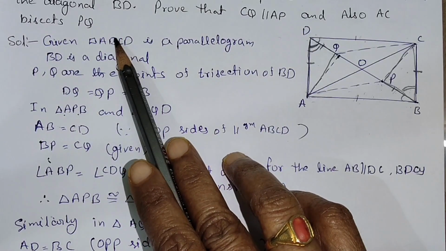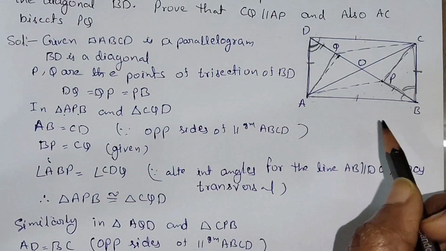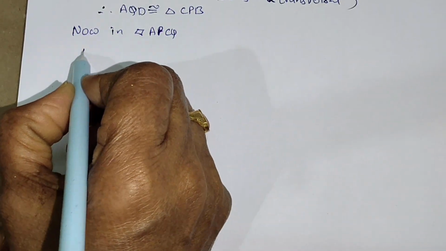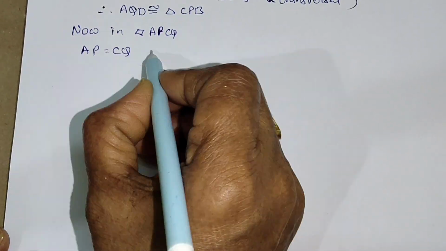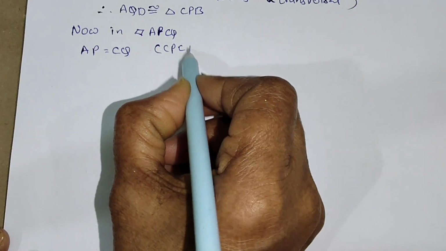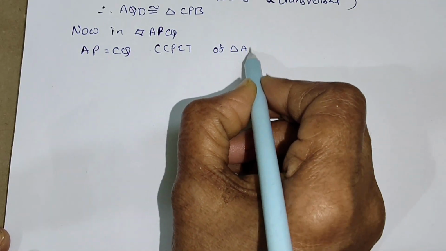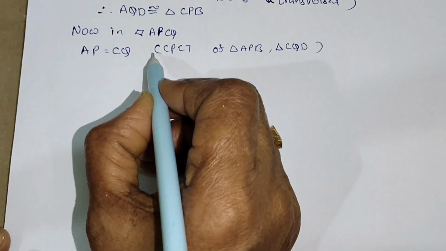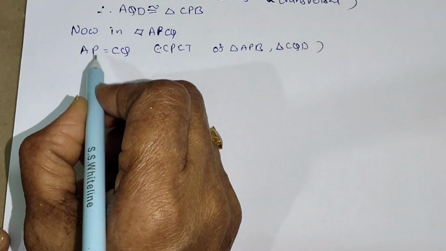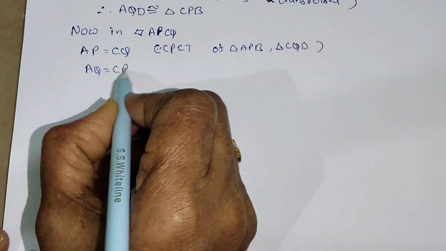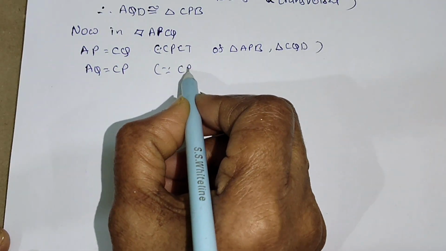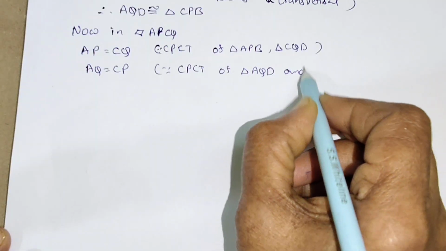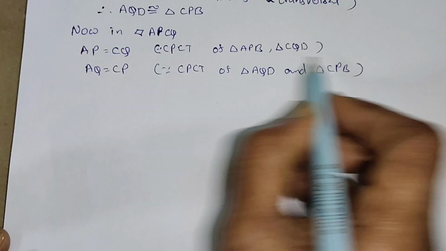So first we write that AP equal to CQ, corresponding parts of congruent triangles APB and CQD. This is the first one. Next, AQ equal to CP, also corresponding parts of congruent triangles AQD and CPB.